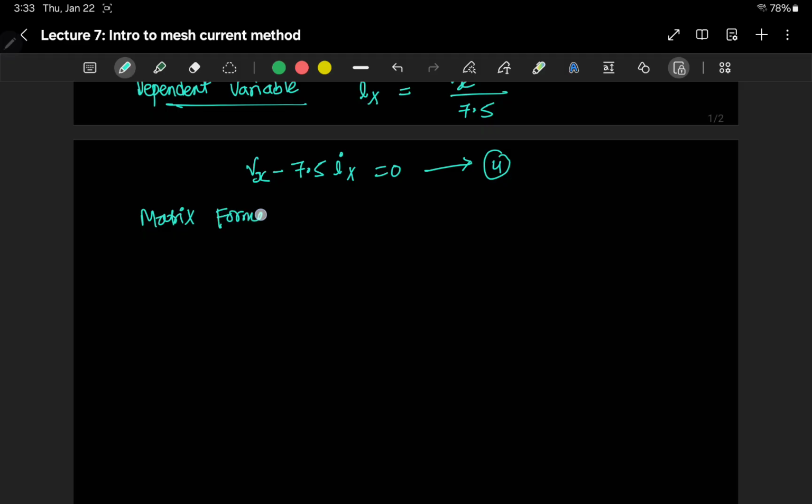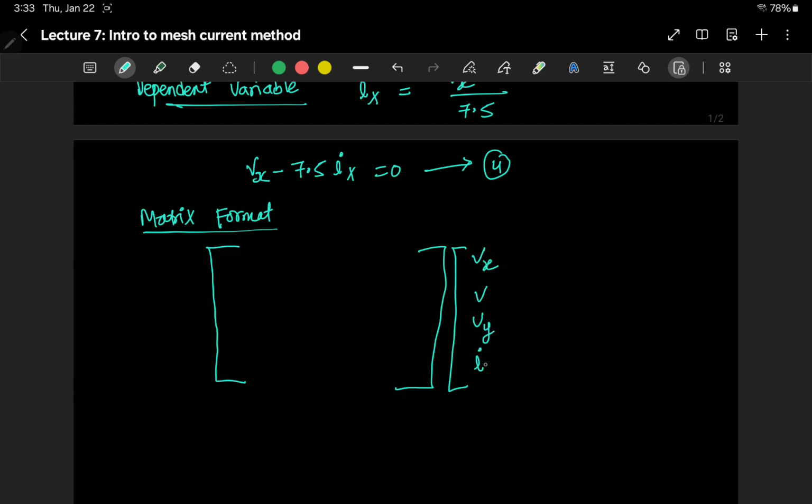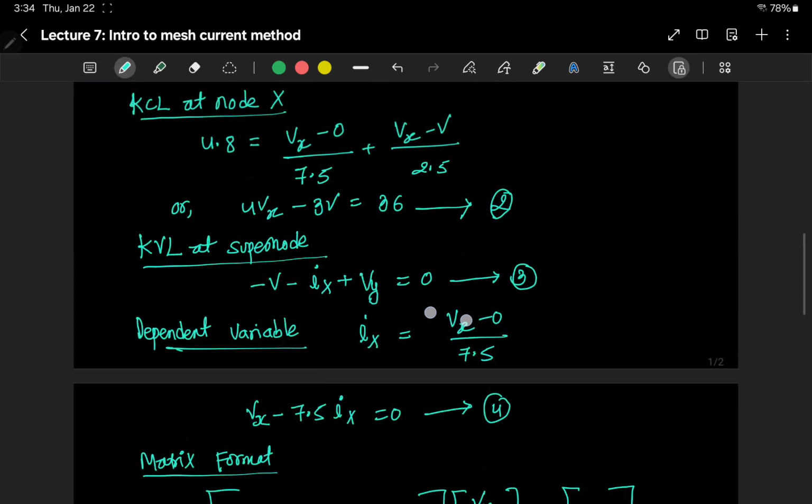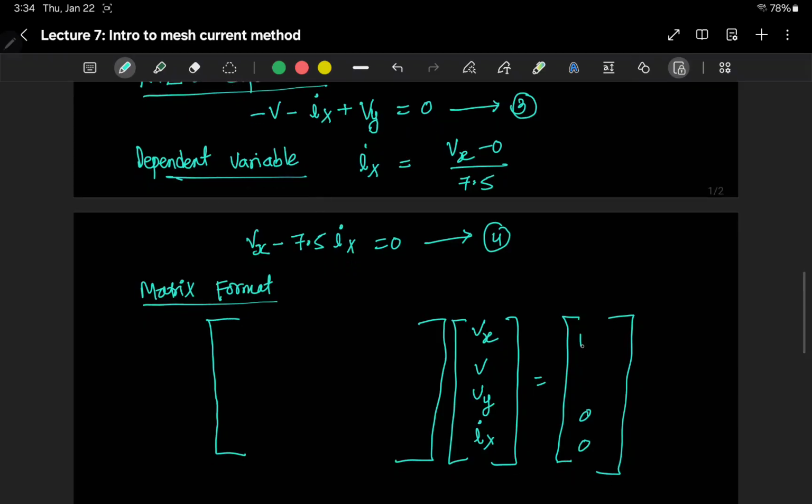So first let's write that into matrix format. We'll have 4 unknowns, which are vx, v, vy, ix, is equal to, so from the last equation we have 0, third equation we have 0, 36 and 120. So 120 and 36.